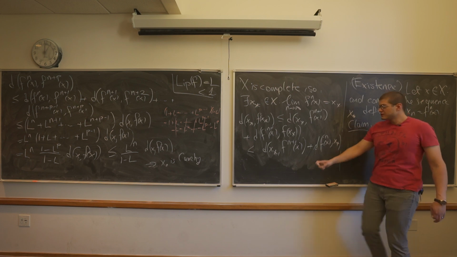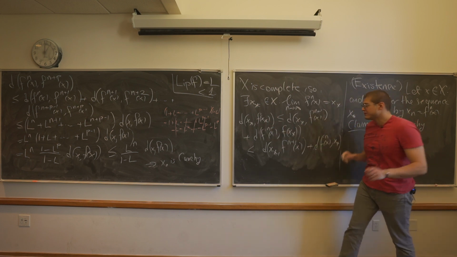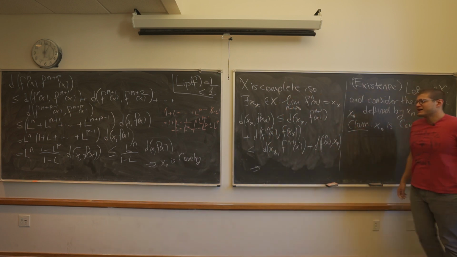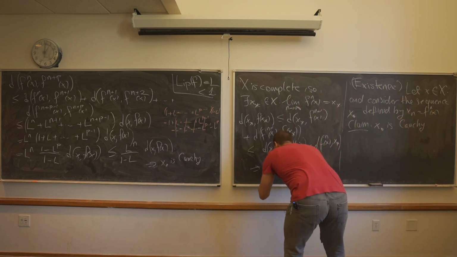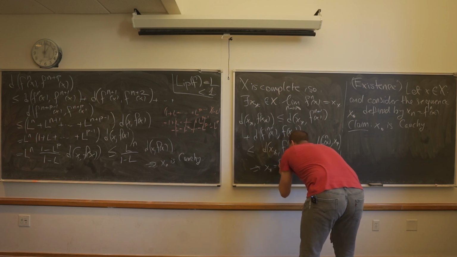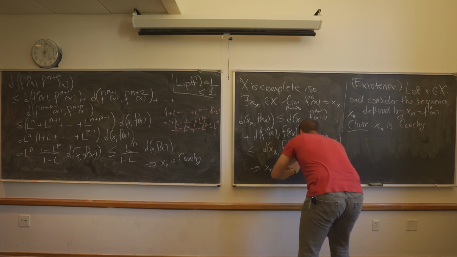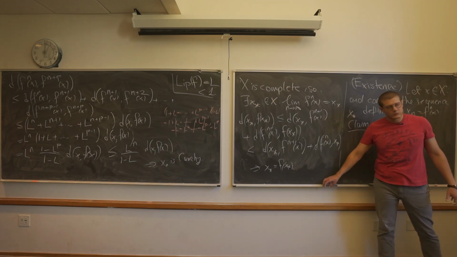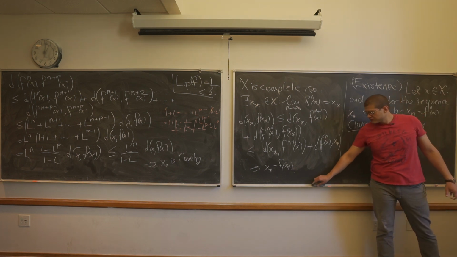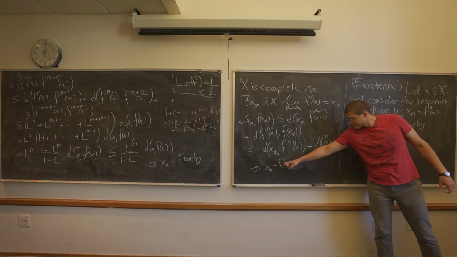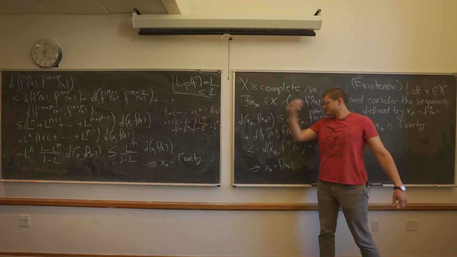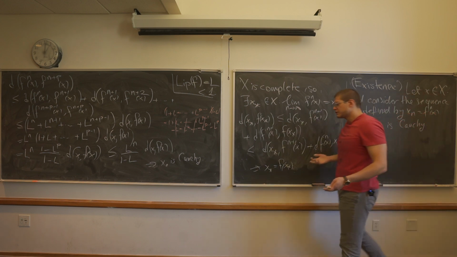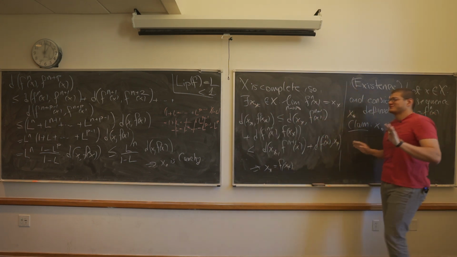So for any epsilon, this number is less than epsilon, which means that this number has to be 0 by the epsilon of room principle. Okay, so that's the end of the proof. Found the fixed point. First I showed that there is at most 1, and I showed there's at least 1, which means that there is exactly 1.